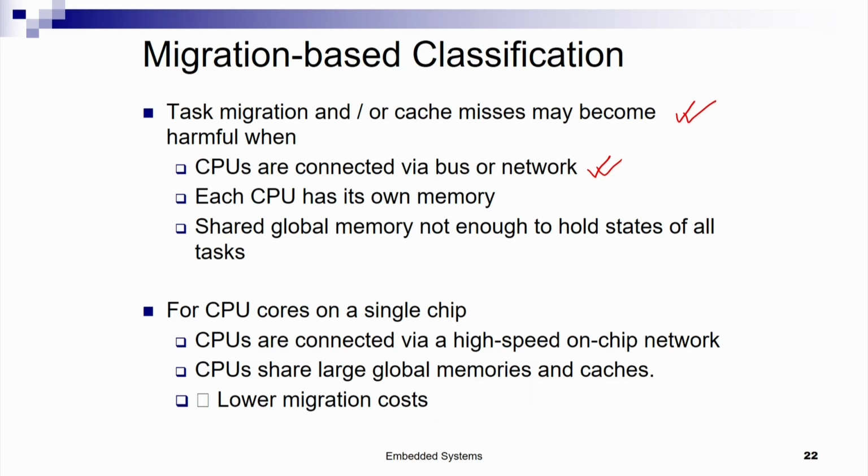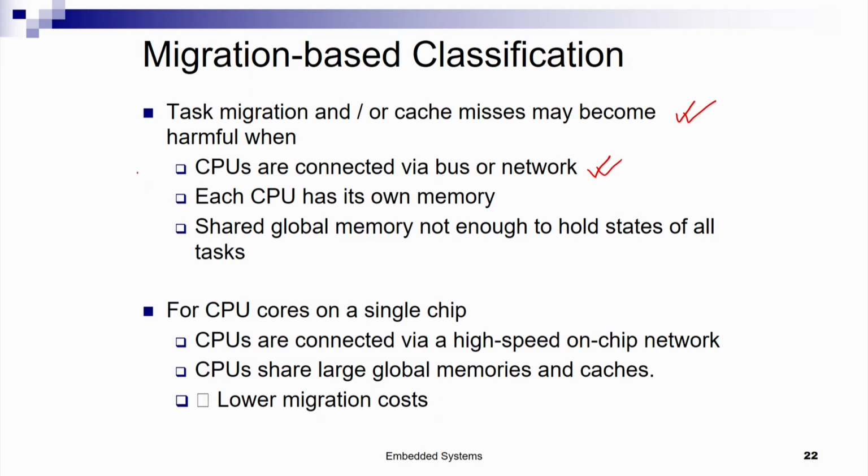So hence, the code of the task as well as the data cannot be stored in a shared cache, so that it can be easily made available to another processor, and hence the entire code and data must be transferred over the bus to another processor. So, therefore, such task migrations are harmful when CPUs are connected via bus or network.